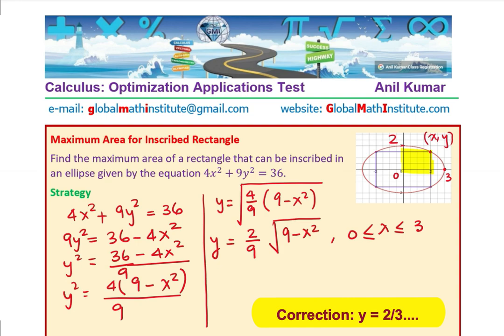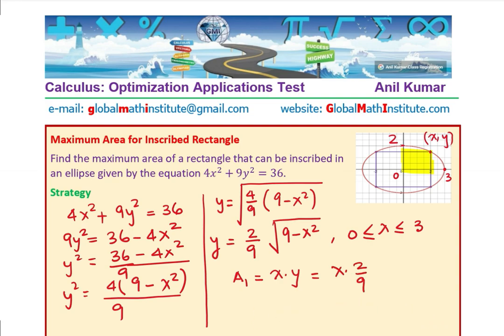So the area function will be what? So area is x into y, if x and y are the coordinate points in general for the vertex of this rectangle on the ellipse. So y being 2 over 9, I can write this as x times, let's say, 2 over 9 square root of 9 minus x squared.